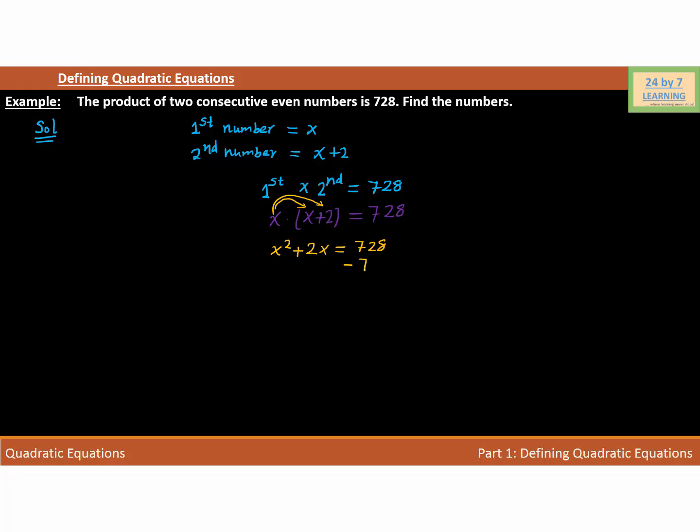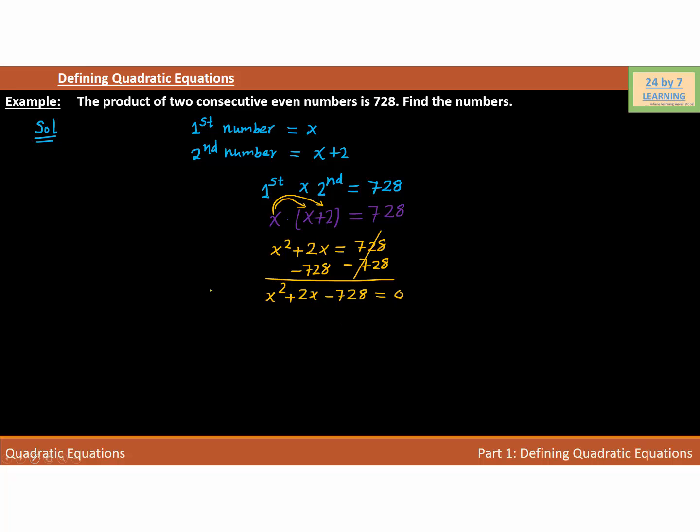So I will subtract 728 from both sides, and if I do that, my 728 will be cancelled out, and the only terms I have on the left side are x squared plus 2x minus 728 is equal to 0.